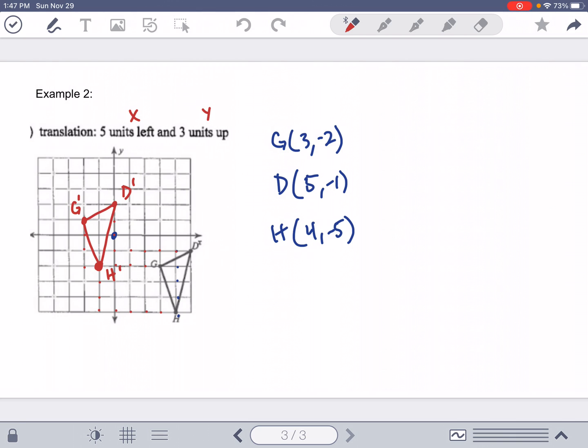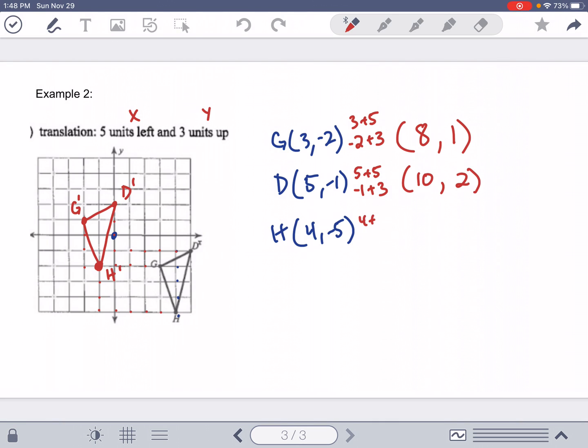So, my new points, 5 units left, that would be 3 plus 5 and give me 8. And then 3 units up would be -2 plus 3, and that would give me a 1. So 5 plus 5, 10. -1 plus 3 is 2.